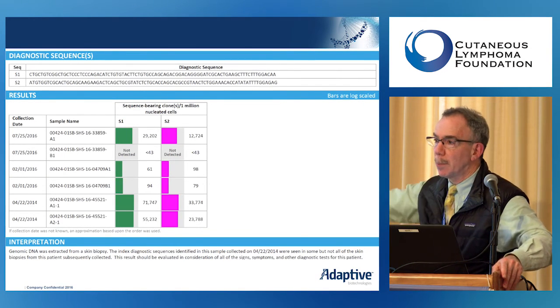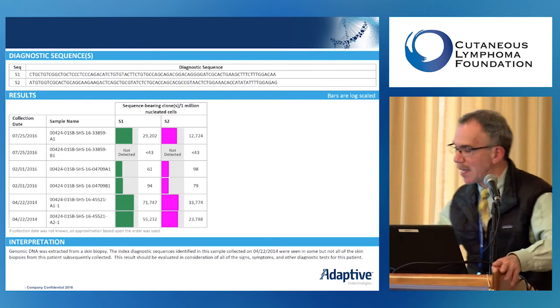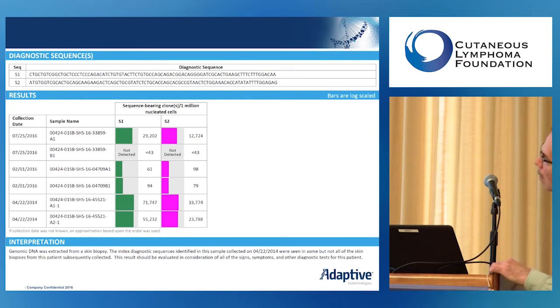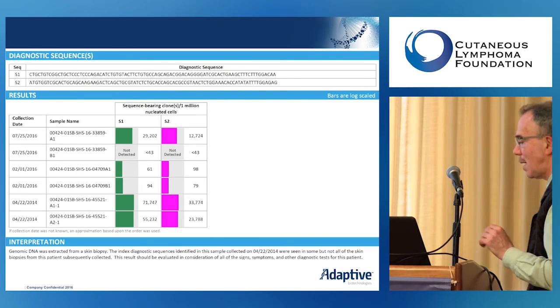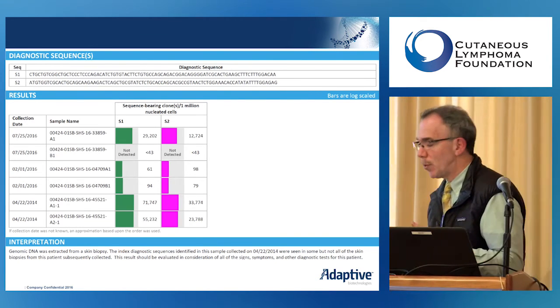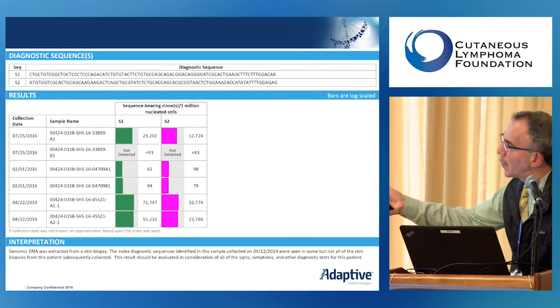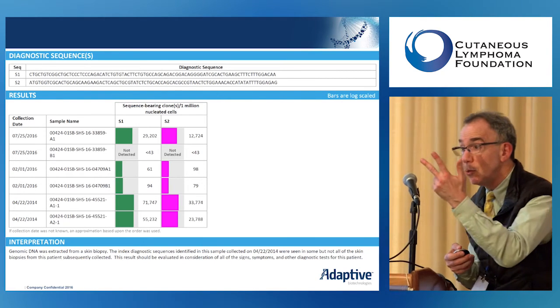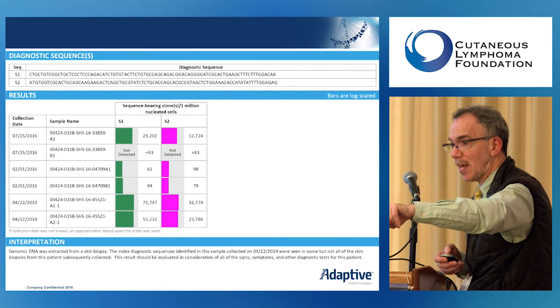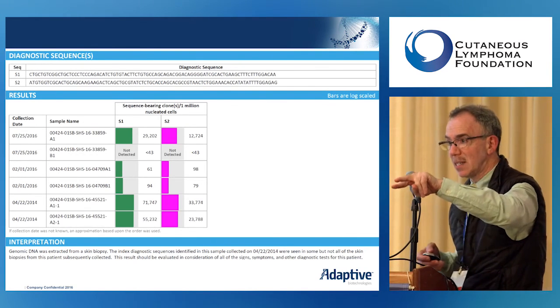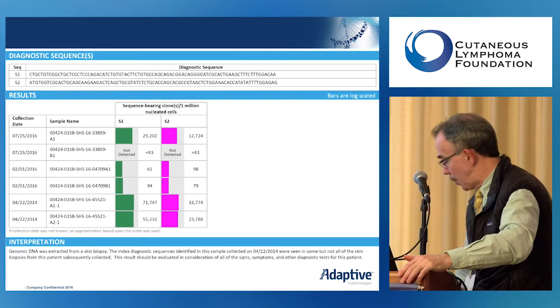Here you see multiple skin biopsies which were obtained over the past 2 years at various time points. And you can say, well, early on there were 2 sequences seen. Both of those sequences are occurring within the same cell. They're both unique to that cell. You can follow them both.